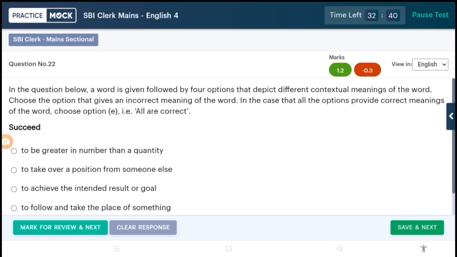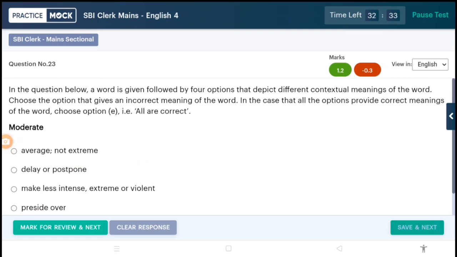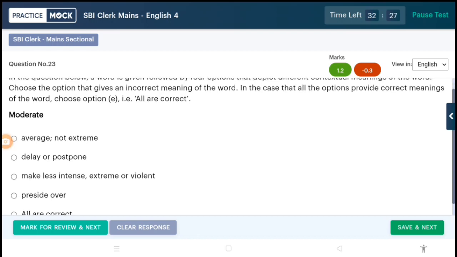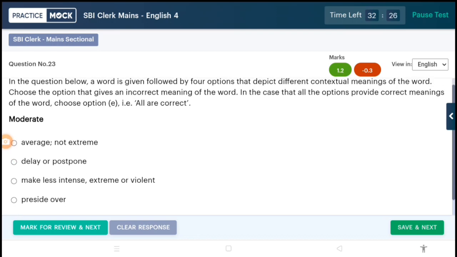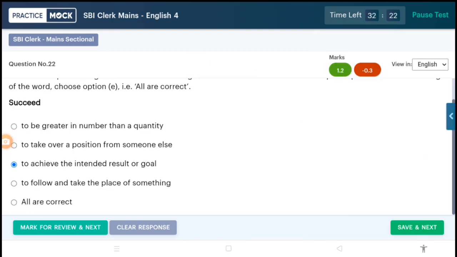Succeed: to achieve the intended result or goal. Next, moderate. Sorry, 22nd is.